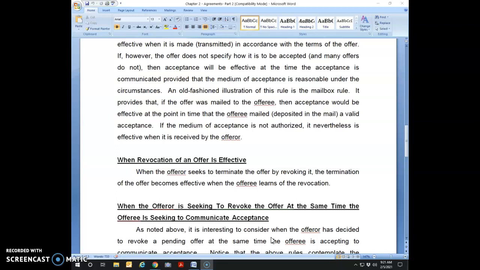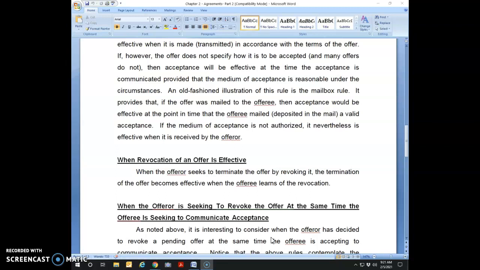At that same time, however, the offeror has changed their mind, and the offeror now wants to revoke the offer, terminate the offer by revocation. So we could put a little bubble over the offeror's head in this picture, and at that same time, the offeree has decided to accept, the offeror has decided to revoke the offer.